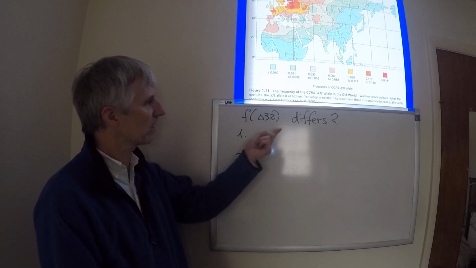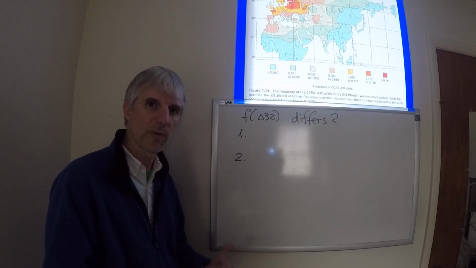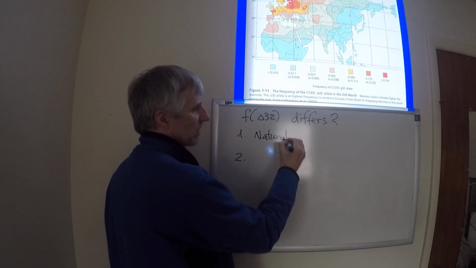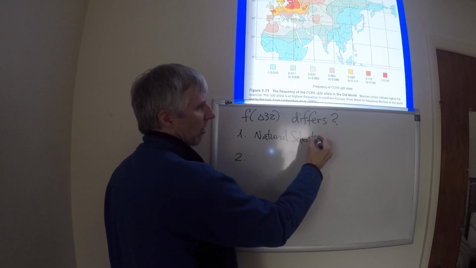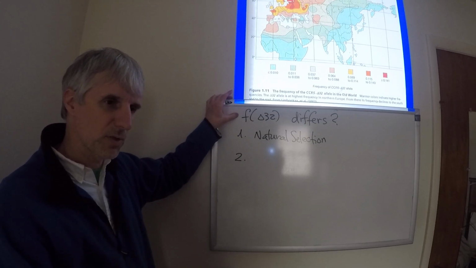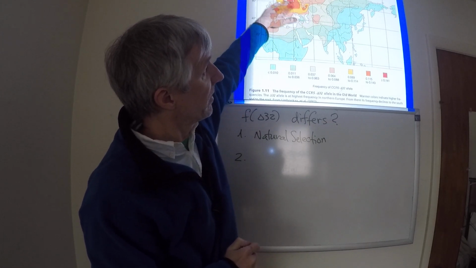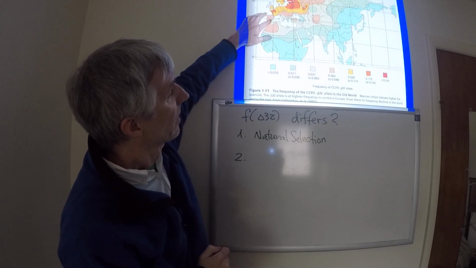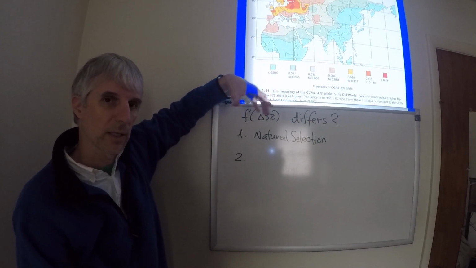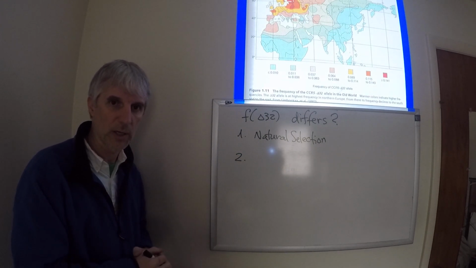The first reason that this could be true has to do with a force that we've already talked about, and that's natural selection. The argument would go, well, if the delta 32 allele confers resistance to HIV, and there were lots more HIV up here than here, then natural selection would push for an increase in the delta 32 allele in those locations. Okay? That's a natural selection type argument.